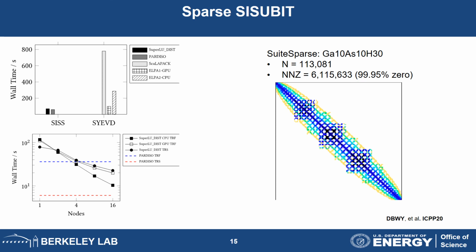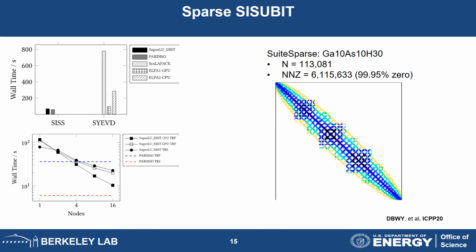Much like the dense experiments in the previous slides, we compared the performance of our proxy application using SuperLU_DIST with the analogous implementations in the direct dense eigensolvers in ScaLAPACK and ELPA. For the timings presented here in the figure on the top left, the sparse timings using SuperLU_DIST were obtained using a single Summit node, whereas the numbers for the dense eigensolvers are obtained using 32 by 42 processor grids over 32 Summit nodes.